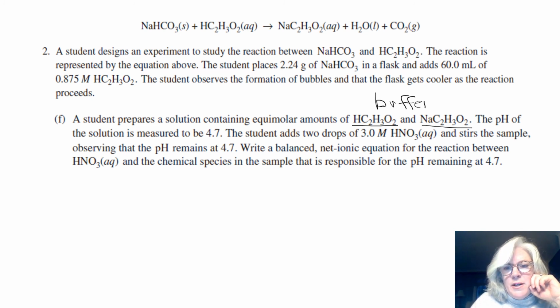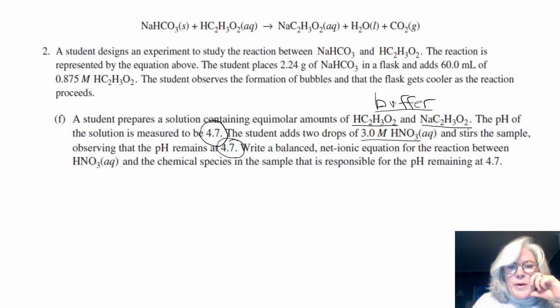This would not be included on the exam, but we've gone over it, so let's talk about it. They're saying the pH of the solution is measured to be 4.7. The student adds 2 drops, not a whole lot, of a 3 molar nitric acid, a strong acid, stirs the sample, and the pH doesn't change, which is the idea of a buffer.